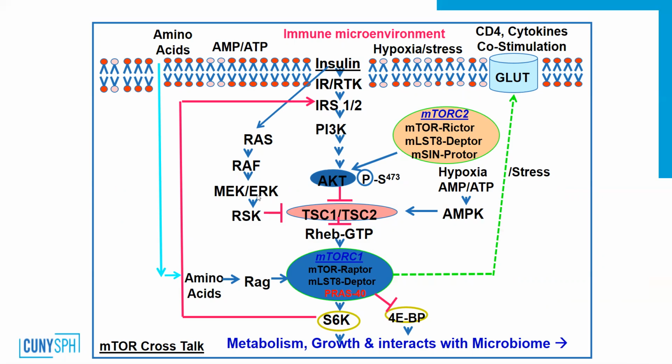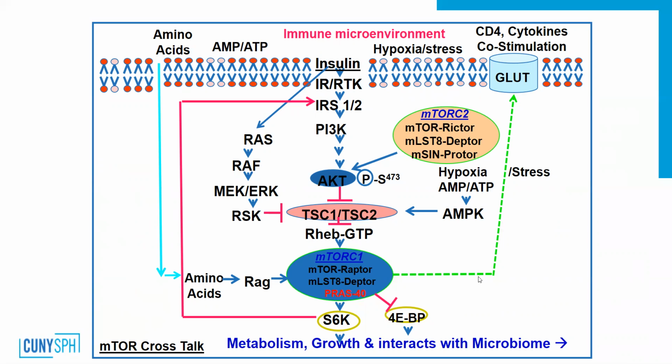mTOR also has a crosstalk with the RAS-MEK pathway, and it also receives signals directly from amino acid receptors and transporters through the RAG complexes, and also interacts with the immune microenvironment, with the cytokines and CD4.